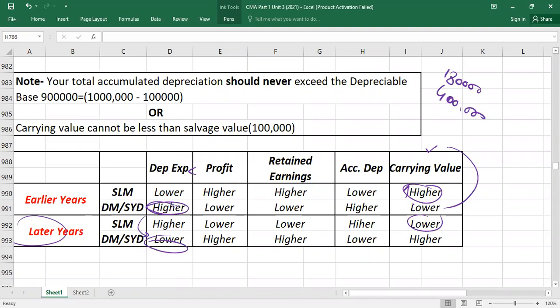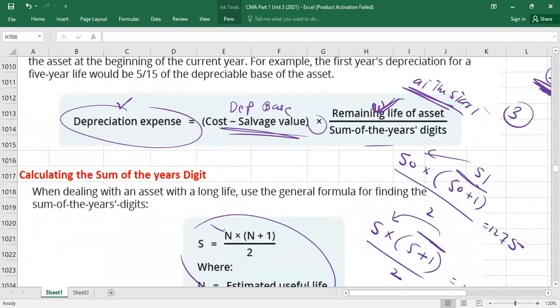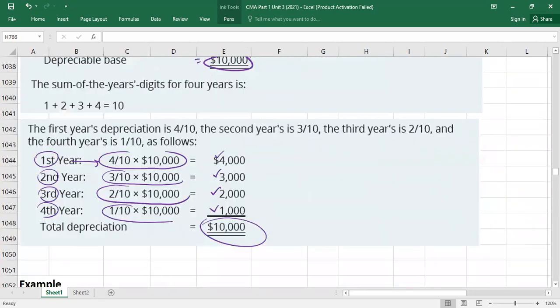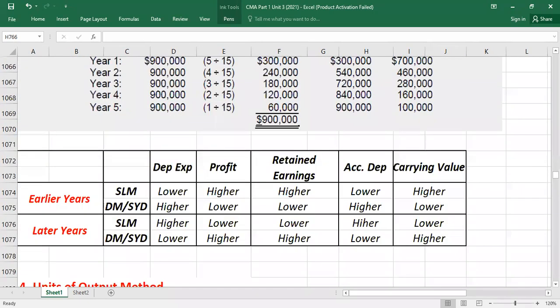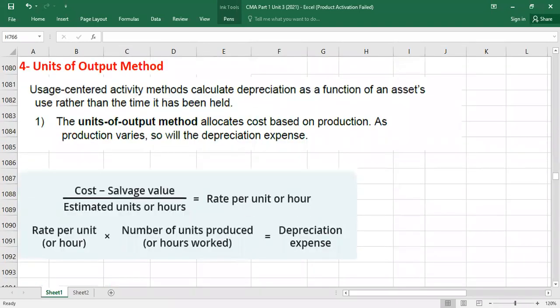Clear? Now I'm going to explain method number 4. Units of output method. Fourth method we are going to discuss. Units of output method.